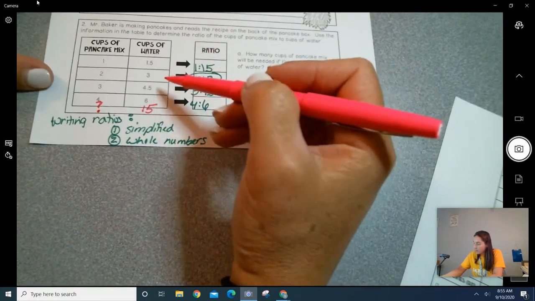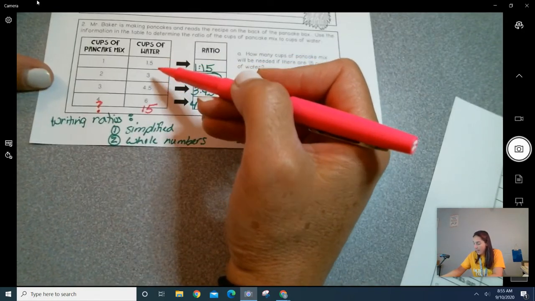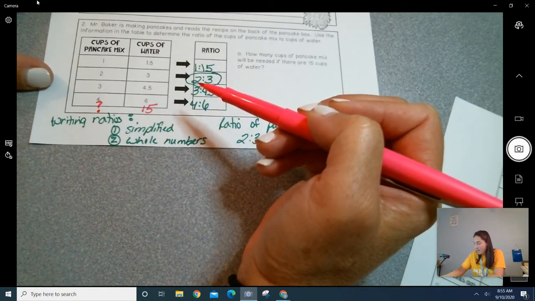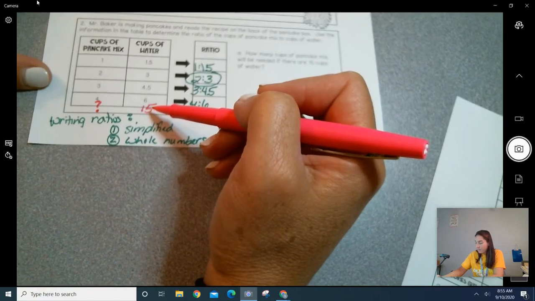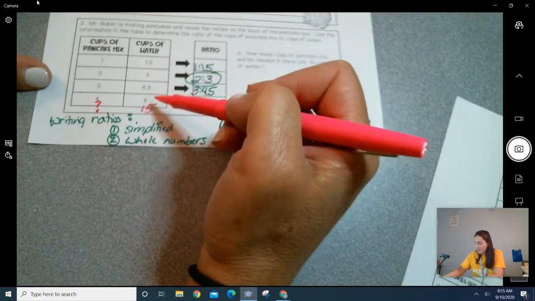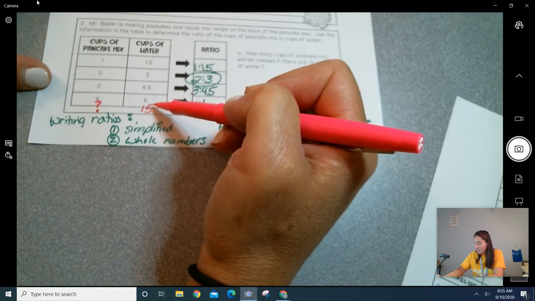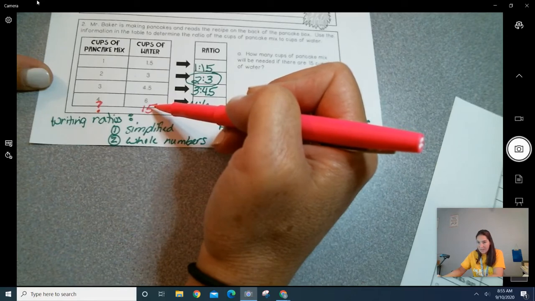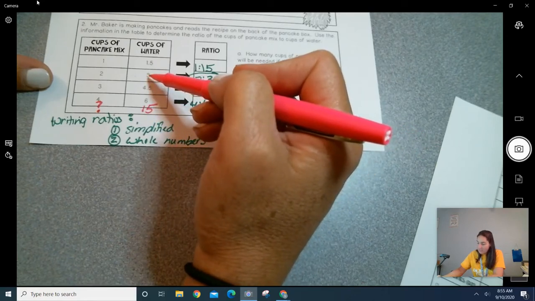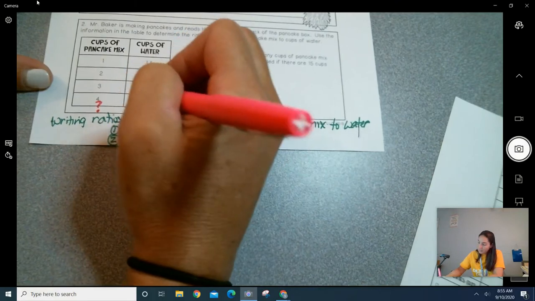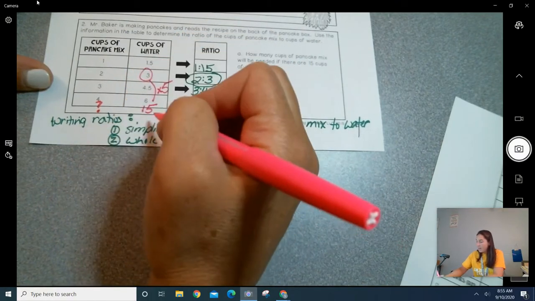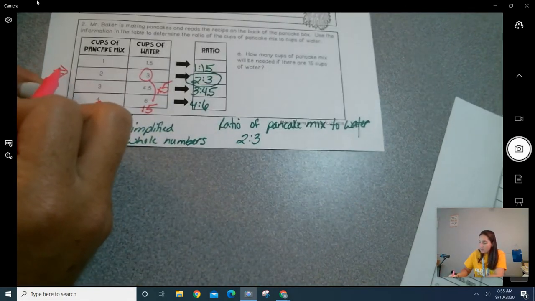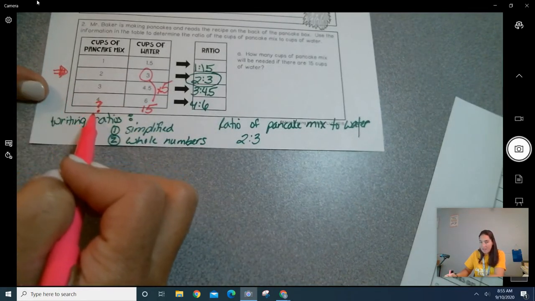Well, if we use the numbers that we already have, we want to find a number that's easy to multiply something by to get 15, okay? So 1.5 times something is not easy to use, but 3 is easy to figure out how to get to 15. If I take 3 and I multiply it by 5, I know that's going to give me 15.